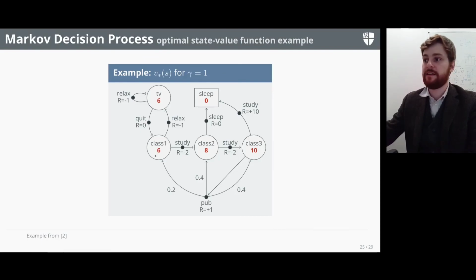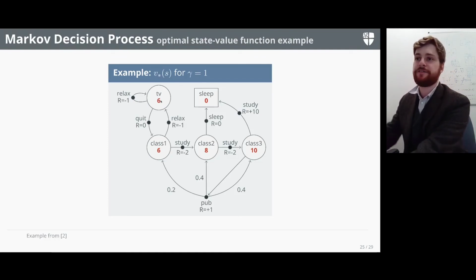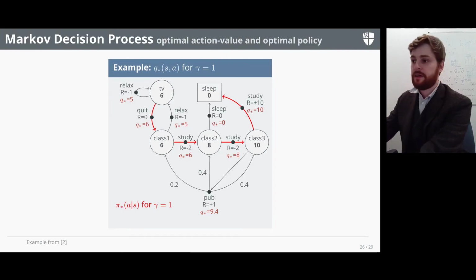And lastly, the TV state: we can either lose reward by continuing to watch TV, or we can quit at no loss of reward and return to 6. So the optimal value is 6. Okay, so we can see that intuitively.